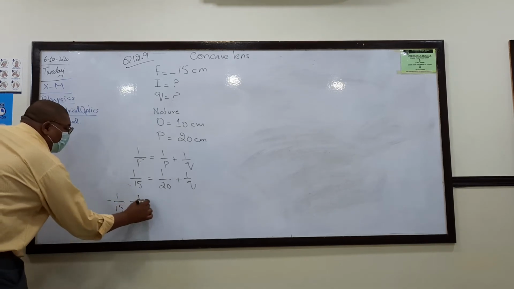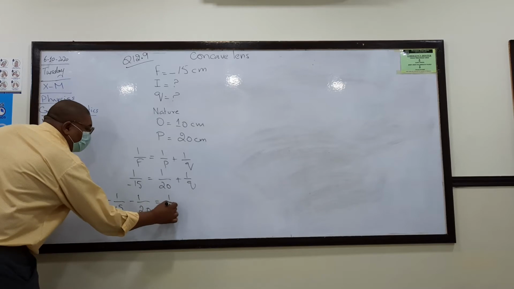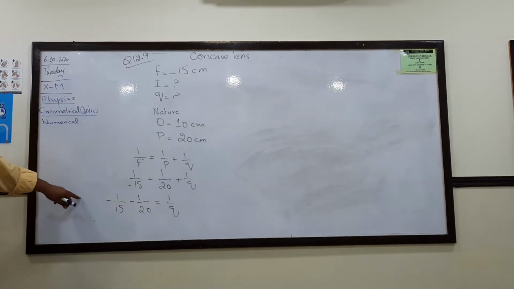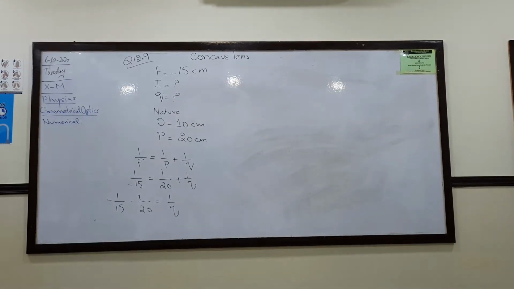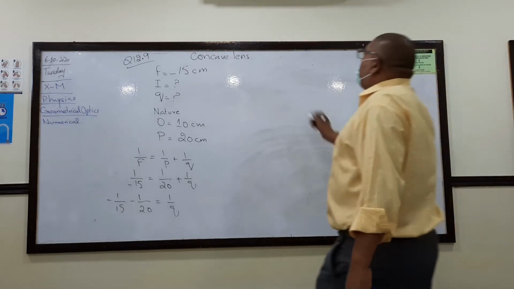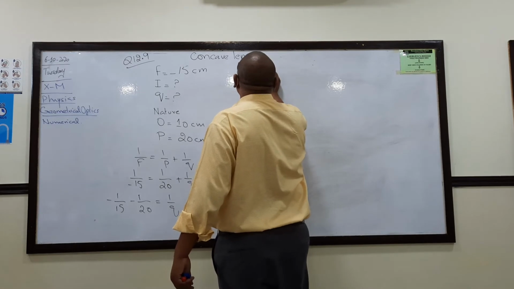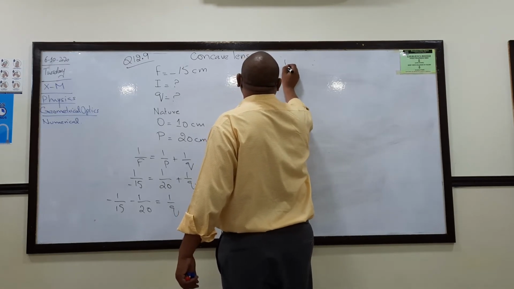So it will become minus. If you have a calculator, write minus 1 divide 15 minus 1 divide 20 equals minus 7 over 60. Minus 7 over 60 equals 1 by q.